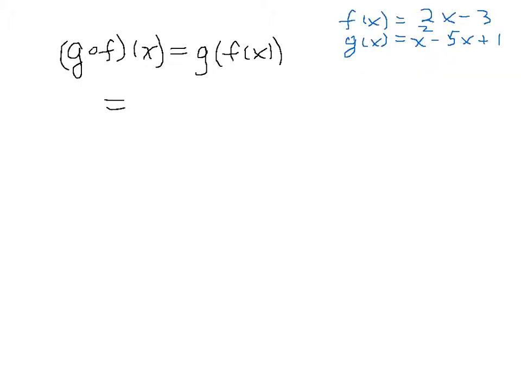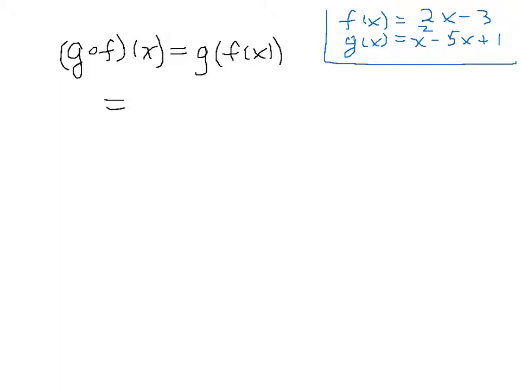Okay, so let's look at what g of f of x is. And I've, again, put down what these functions are so they're right in front of us. Well, what does g do to something? We just talk about the g machine. Whatever comes in gets squared, and then subtracts 5 times that thing, and then you add 1.